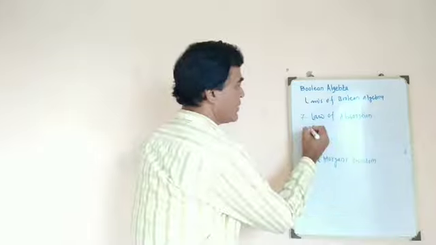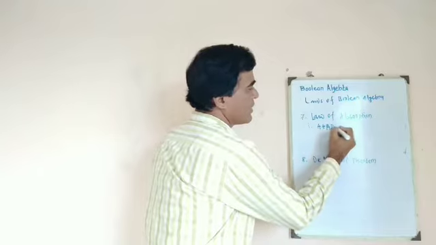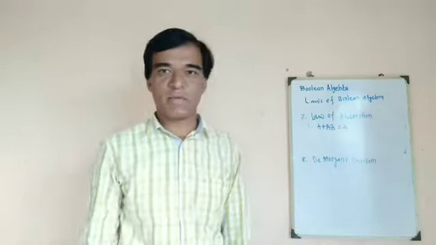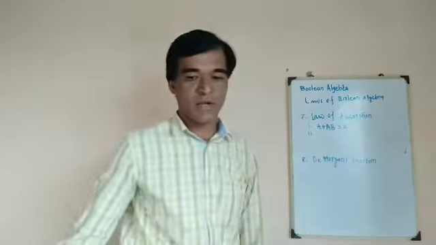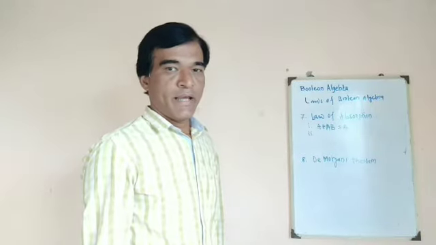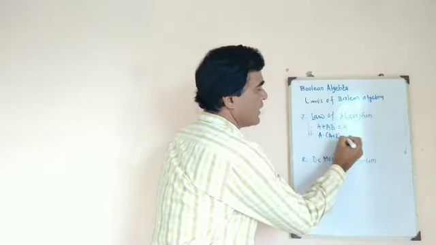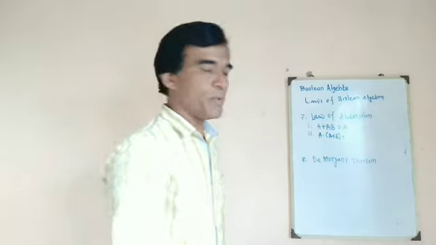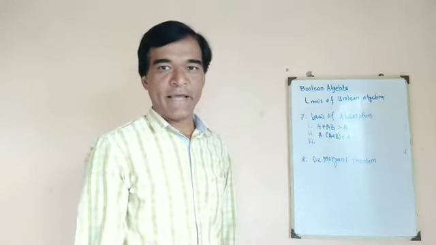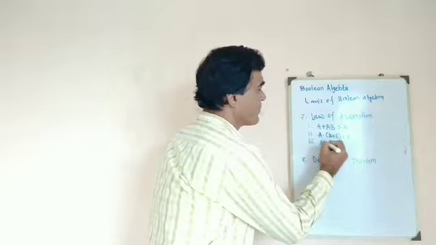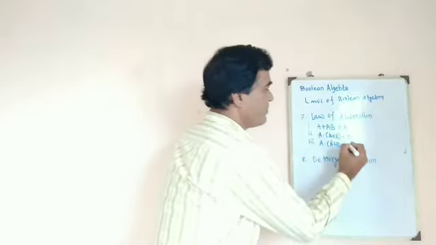The first law in the law of absorption is A plus AB is equal to A. The second one, A dot (A plus B), is equal to A. The last one, A dot A complement B, is equal to B.